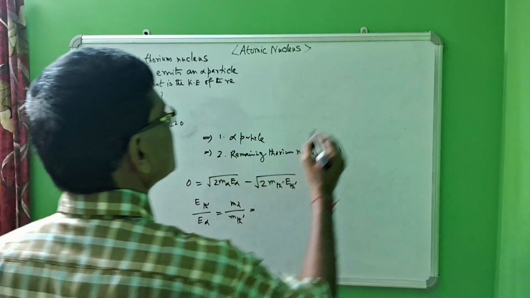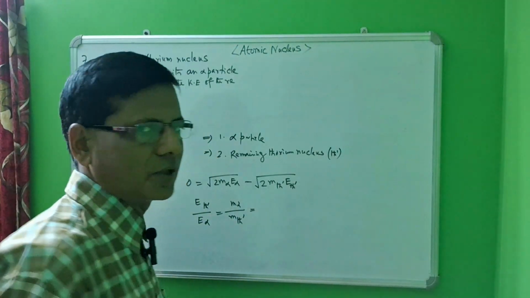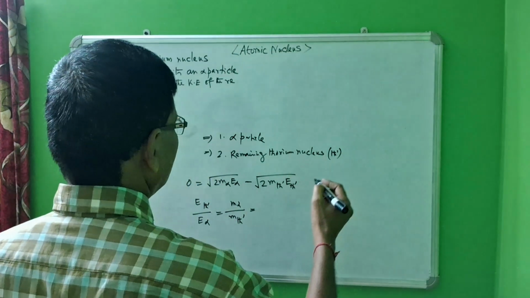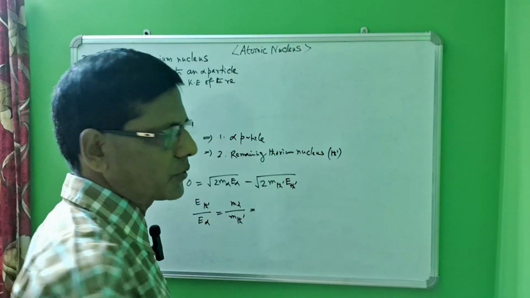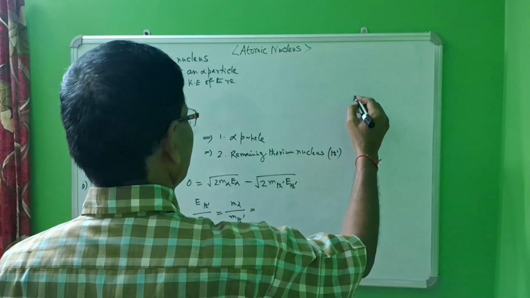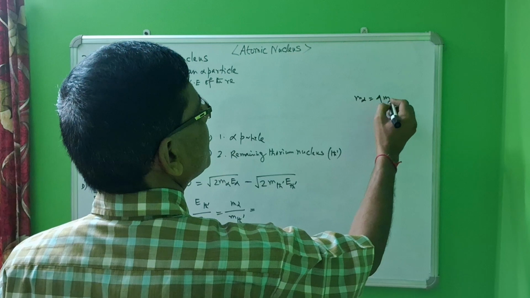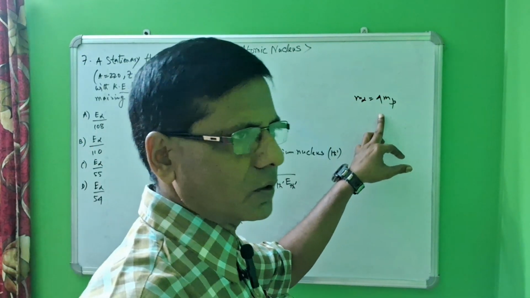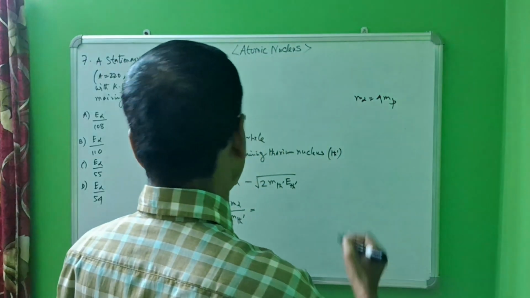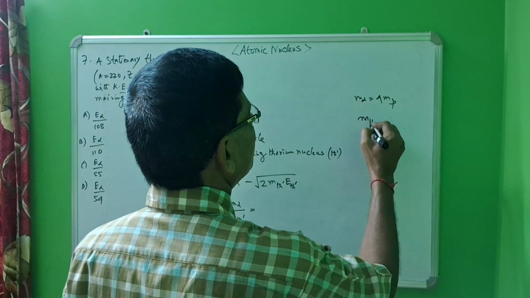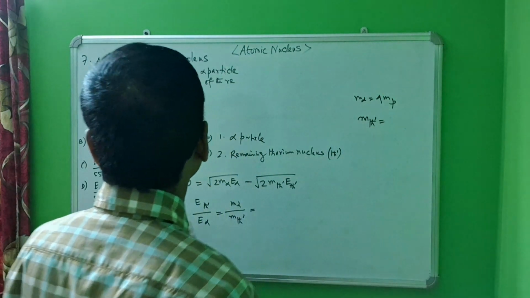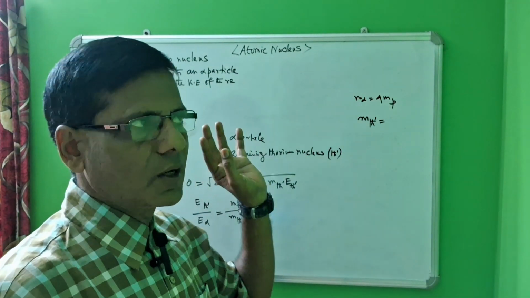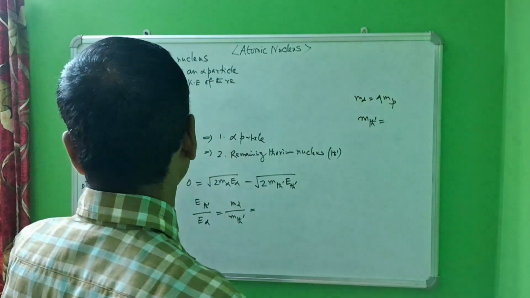Now m alpha, what is alpha? Alpha is the doubly ionized helium atom. In its nucleus 2 protons and 2 neutrons are present, so we can write m alpha as 4 mp. The mass of proton and neutron are almost equal. Also m thorium dash: 1 alpha emits from thorium, so there is a subtraction of mass number from 220 to 4.